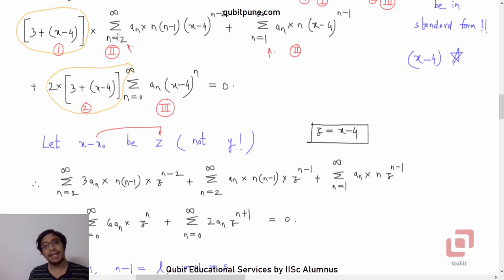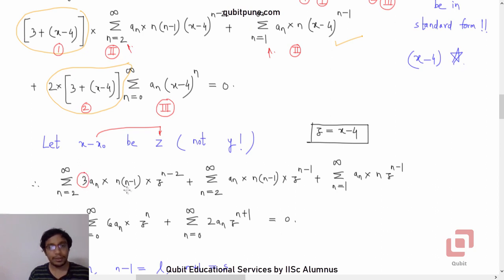Currently we have 3 terms added together on the left hand side, but at the end of the multiplication step we will have 5 terms. This term will remain intact. Due to the first term we will have 2 terms, and due to the last term we will have 2 terms. So let us start multiplying. First let us multiply y double prime by 3. I have taken that 3 inside.